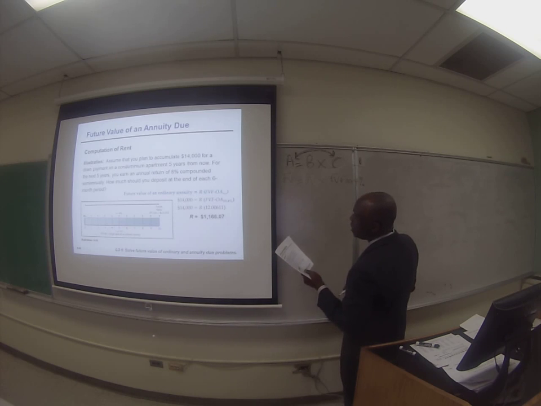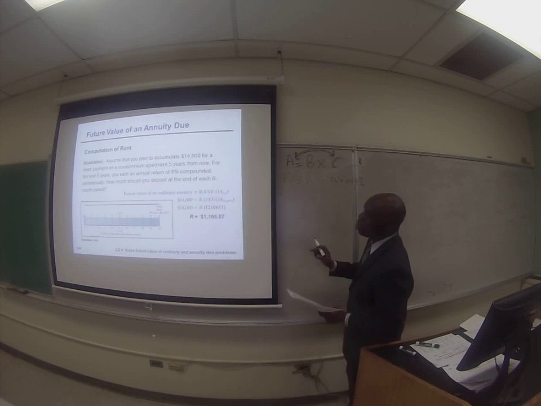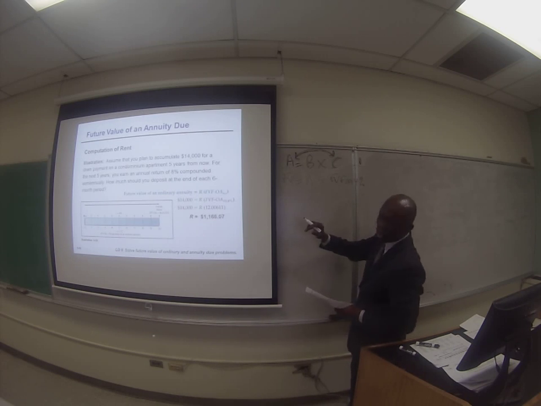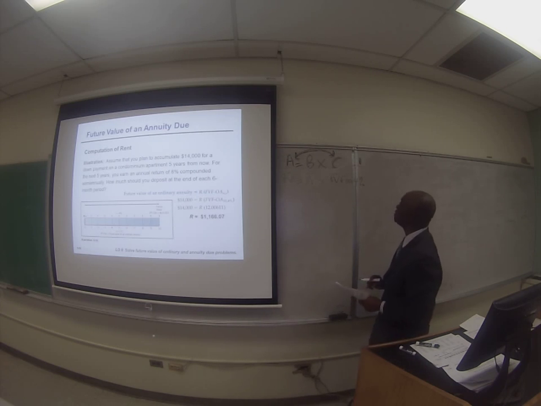So because we are looking at 5 years and we are making deposits every 6 months, that will give us 10 periods. So we have 10 periods. So we are going to look for this factor.